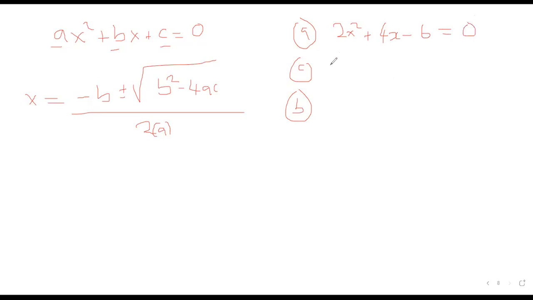And we have 12 minus x squared plus 11 is equal to 0.